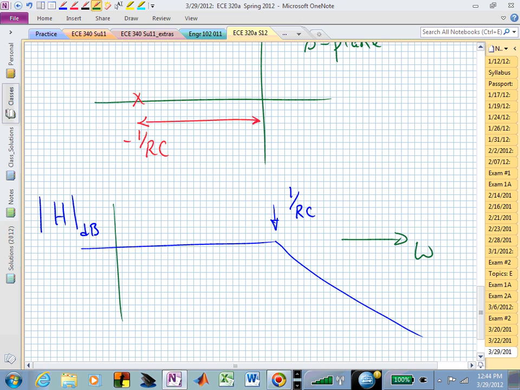But if we selected 1 over RC to be 10, can you see that that bandwidth would be increased? If we wanted it to be 100, we would make 1 over RC equal to 100, and that would influence the choice of R and C. And now you can design a filter. You can design a low-pass filter with whatever cutoff frequency you want.